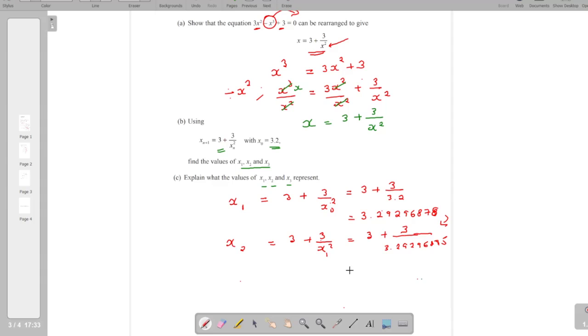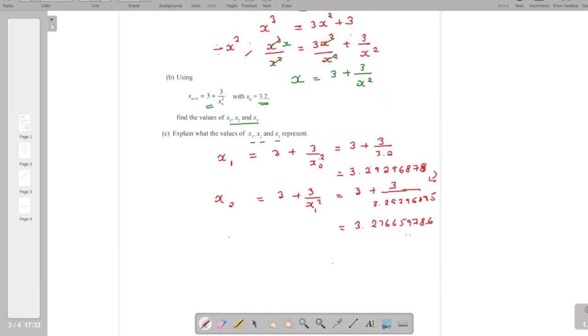That will give you 3.276597786. Now x3 will be 3 plus 3 over x2 squared, which is going to be 3 plus 3 over all of that, 3.276659786 squared.